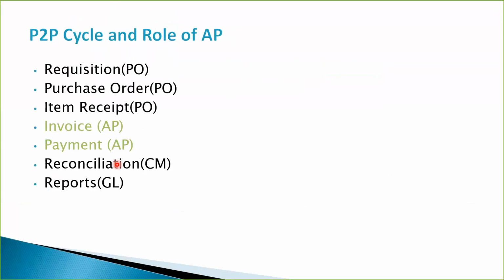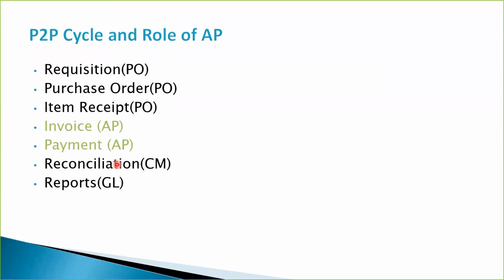They might be standard reports, etc. So whatever you are seeing in brackets indicates the various modules that are involved in each of these steps of the P2P part of the business cycle. So from raising a requisition all the way to indicating that you have received the item, you can see PO, which means that that is a part that is managed or conducted using the purchasing module.